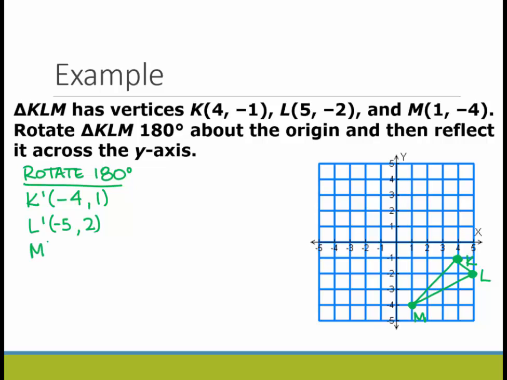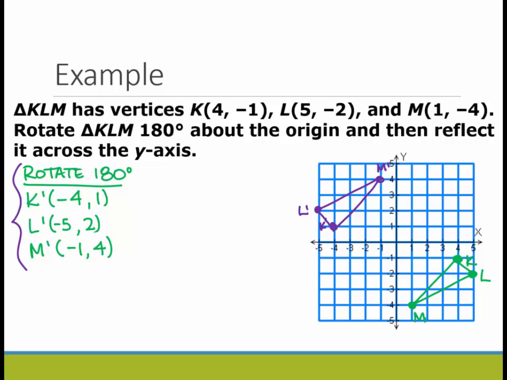And M prime is going to be -1, 4. So if we put these on here, -4, 1, -5, 2, and -1, 4. So that's the rotated one.